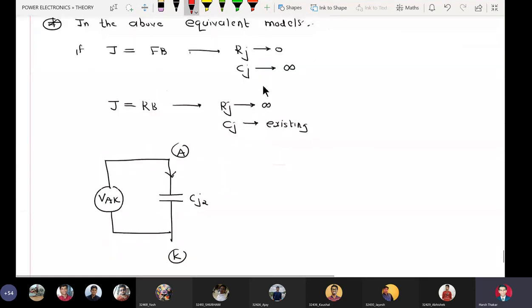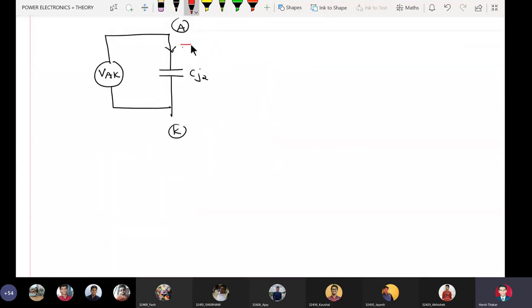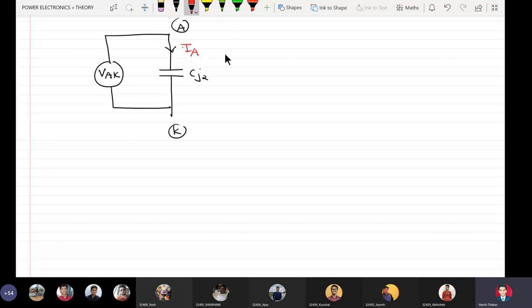So now very simple, if I want to find out the formula for IA: for a capacitor, I is equal to C dV by dt, and in our condition I is nothing but IA, the capacitor is nothing but CJ2, and here this dV is nothing but the voltage VAK.